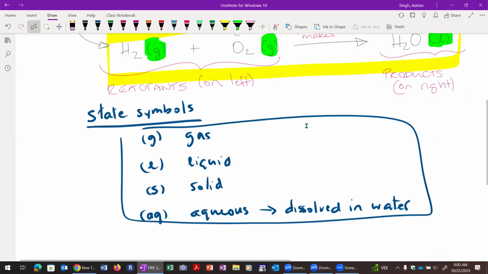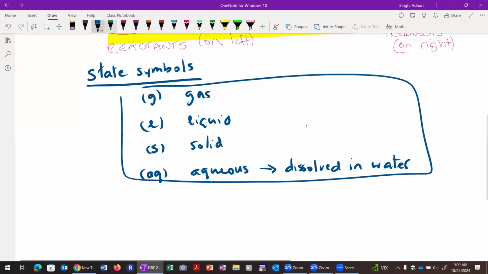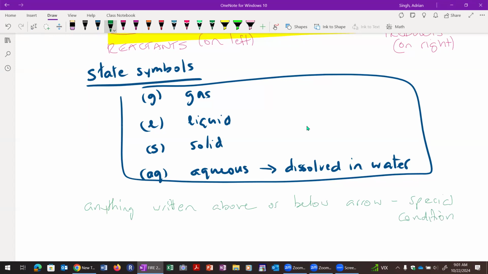Whenever you see that, it tells you that those are some special conditions for that reaction to happen. So anything written above or below the arrow, those are just special conditions.